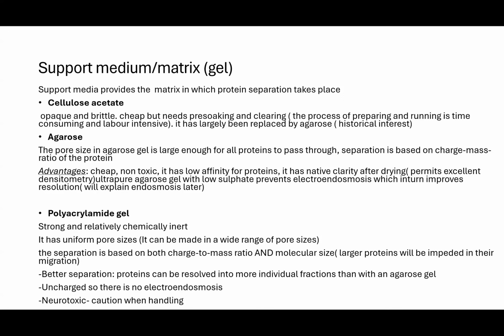For example, it's really good for shorter fragments of DNA. You also see a very good separation, and it is uncharged, so electroendosmosis is not a problem here. As I said, I will talk about it a bit more in detail. The only issue with it is that it's neurotoxic, so it's really important to handle it with caution.